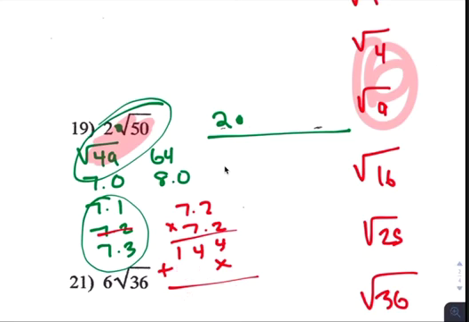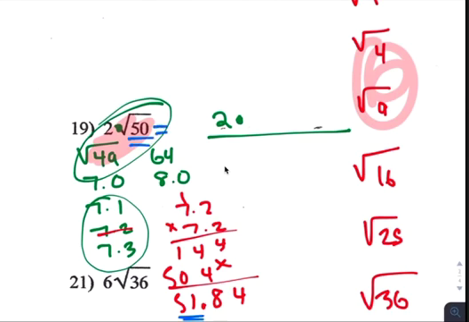This is incorrect. 14 carry 1. 40. 9, 50. Well, that's a lot. Must be 7.1 because it's way over 50. This is 51.